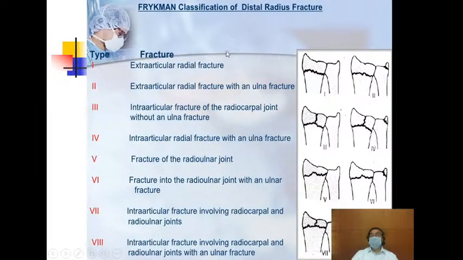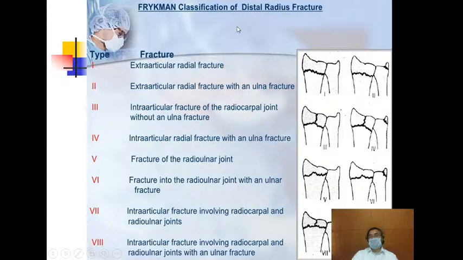And as for anything, for all the fractures, you have a Frykman's classification for distal radial fractures. If you know the name, it's enough to clear the exams. But if you want to know everything about distal radial fractures, at least you should know what this Frykman's classification is all about.